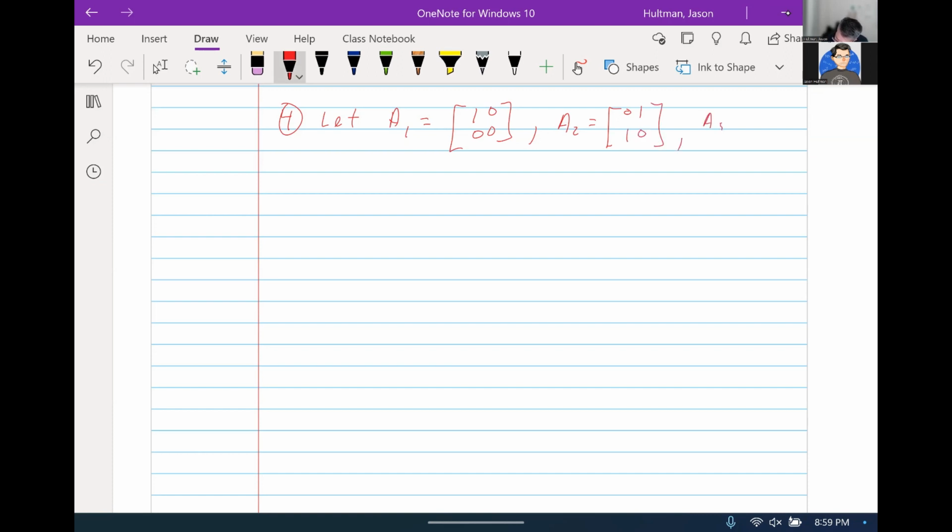And A3 equal 0 0 0 1. Okay, and I want to know, does this determine the span? What can span A1, A2, A3? Okay, in M2R. So this is in M2R. Okay, so we want the spanning set.